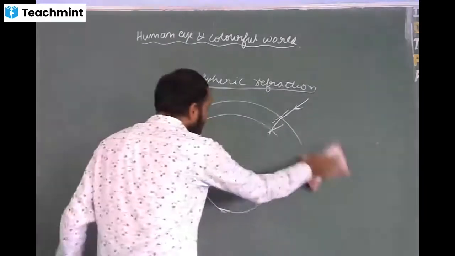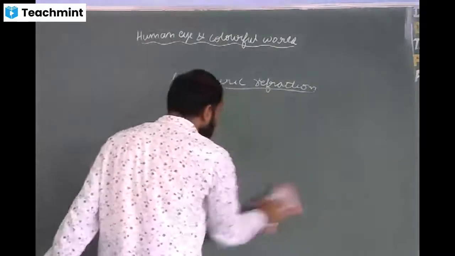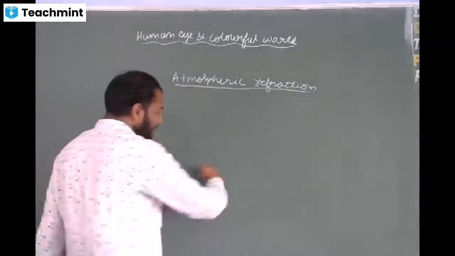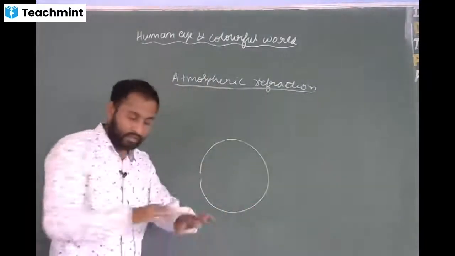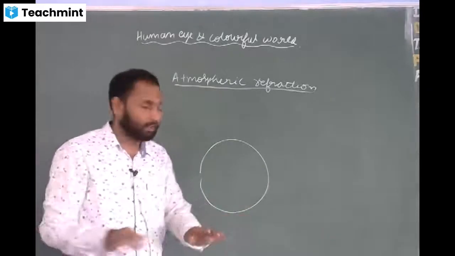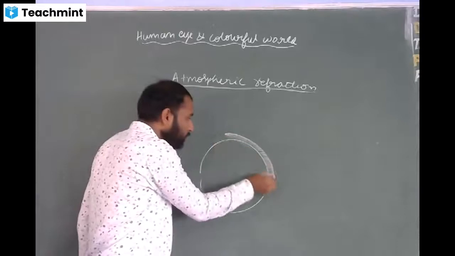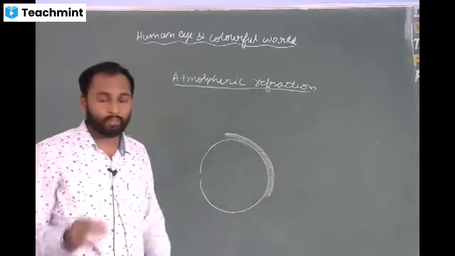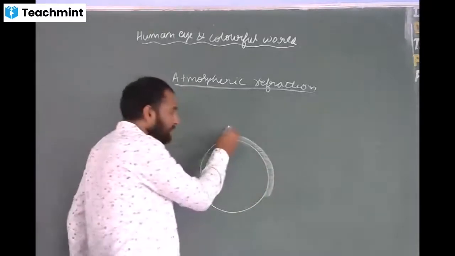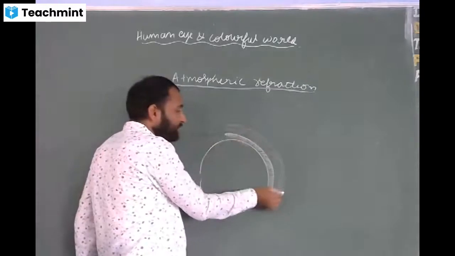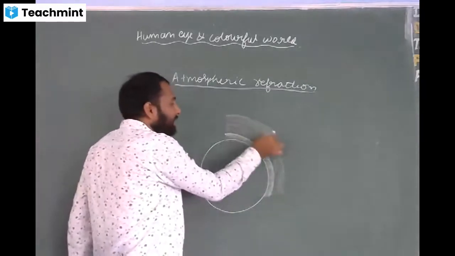See, the physical condition of the earth's atmosphere is not the same. If I take this as earth, this is the lower layer above the surface of the earth. This region is cold. If you move up, it will be a little bit cold.